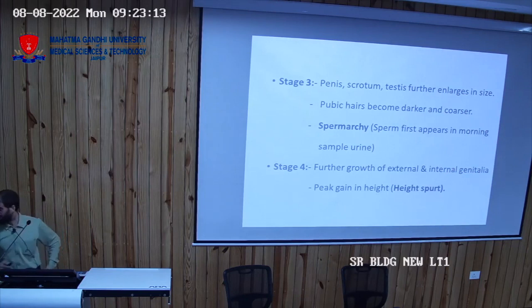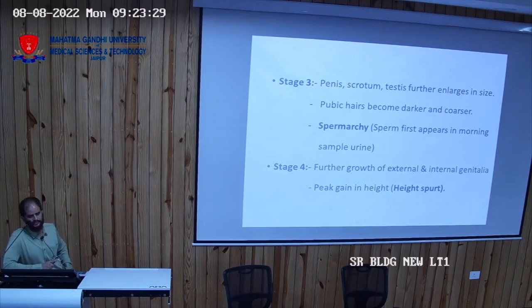Sperm will first appear in the morning urine, that is called spermarche. In stage 4 there is the height spurt, you can understand, in girls that was in stage 3. Further growth of external and internal genitalia, there is a height spurt.